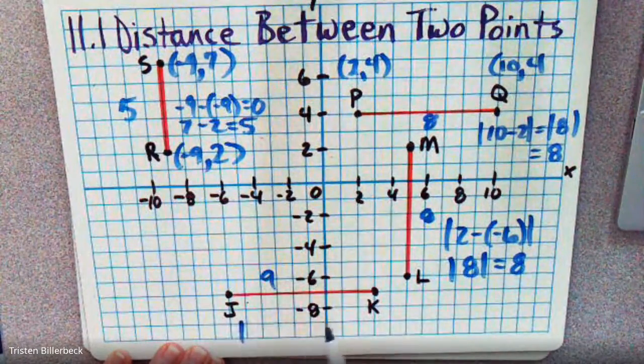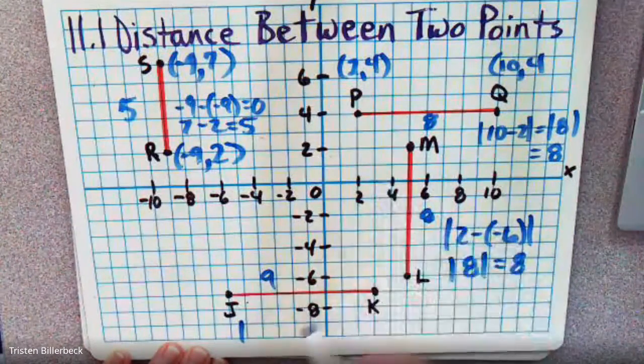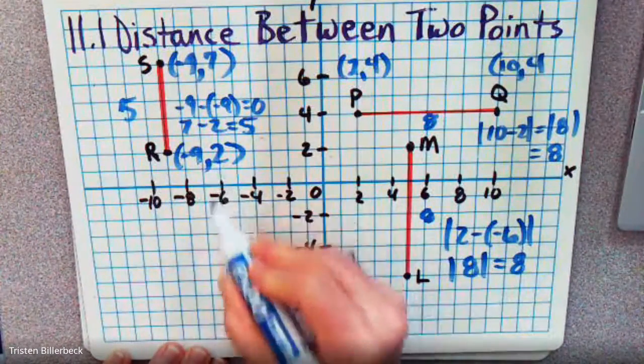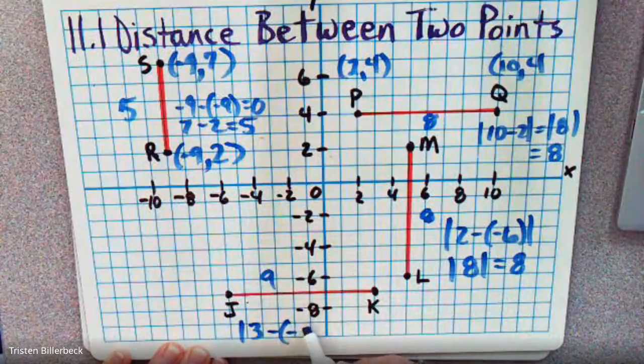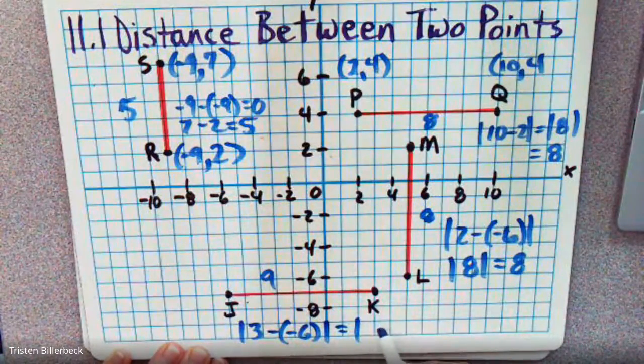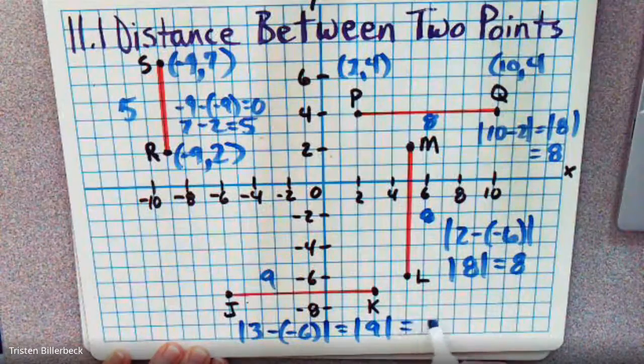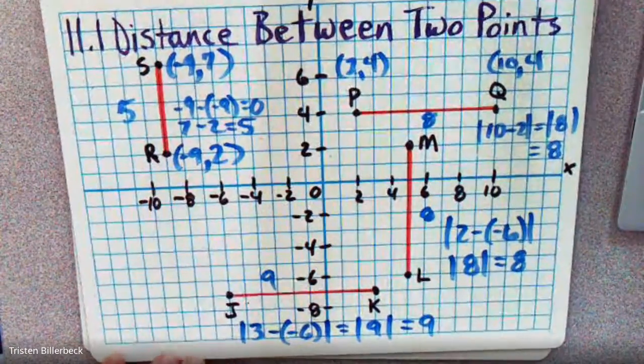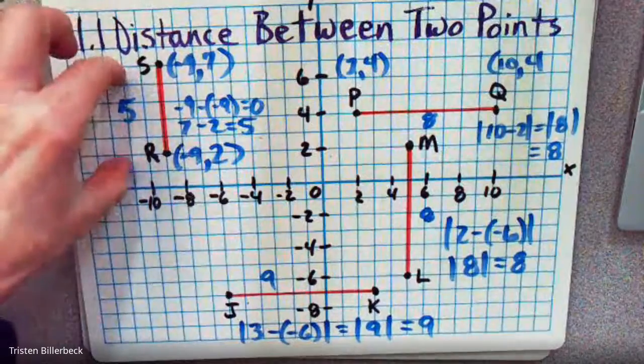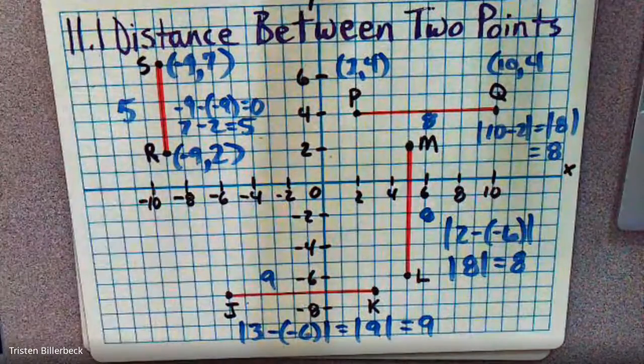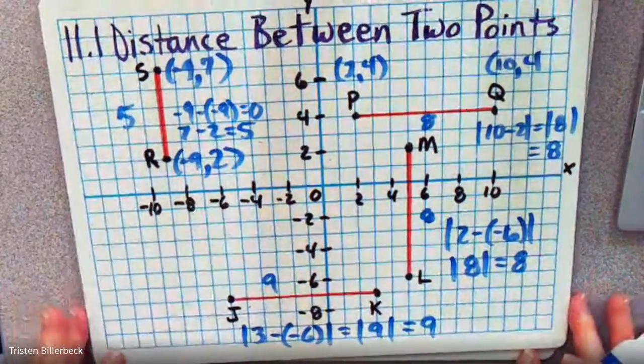Which is the absolute value between, that's 3 minus a -6 over here. So we have the absolute value of 9, which is 9. So when we have distance, when it's only involving x or y, it's rather easy to find it.